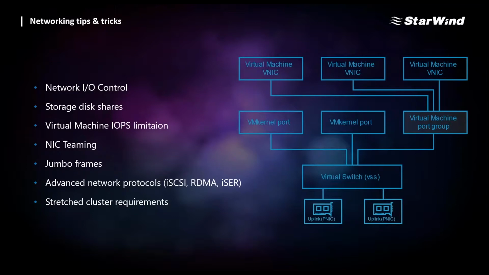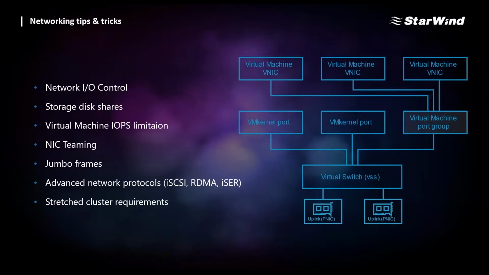So one of the important things is Network I/O Control. When Network I/O Control is enabled, the distributed switch allocates bandwidth for the system traffic types, such as fault tolerance traffic, iSCSI traffic, NFS, vMotion, etc. And it basically applies the share value set to each traffic type.